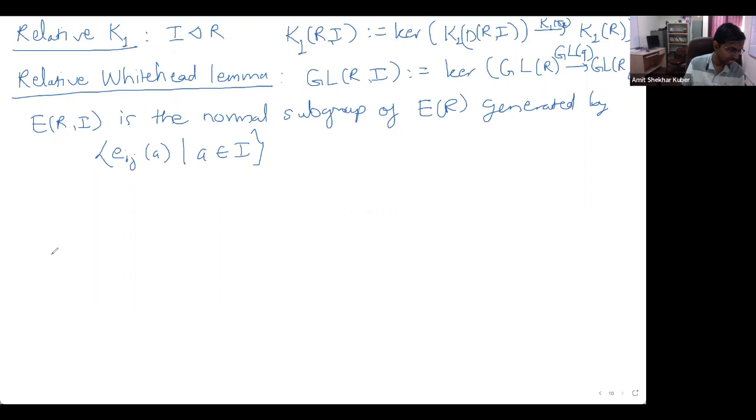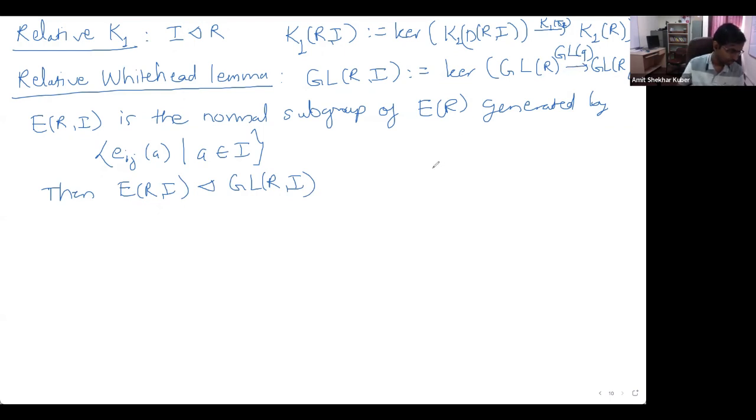So the relative Whitehead lemma says that E(R,I) is a normal subgroup of GL(R,I). Of course, it was a normal subgroup of ER. It is also a normal subgroup of GL(R,I) and hence of GLR.